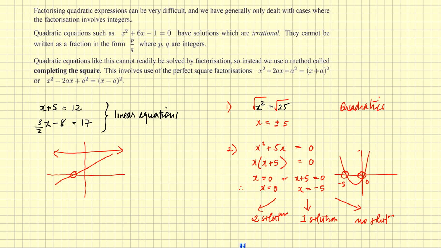So we've looked at situations such as the first two that I've mentioned here, number 1 and 2, and the third situation would be something along the lines of a quadratic such as x squared plus 6x plus 8. Let's say I made it x squared plus 6x equals negative 8, and then I say solve for x.